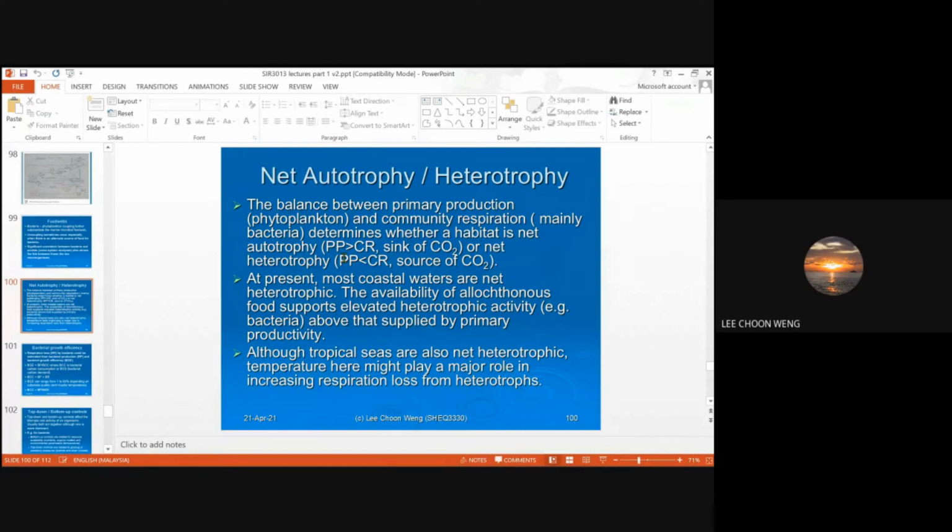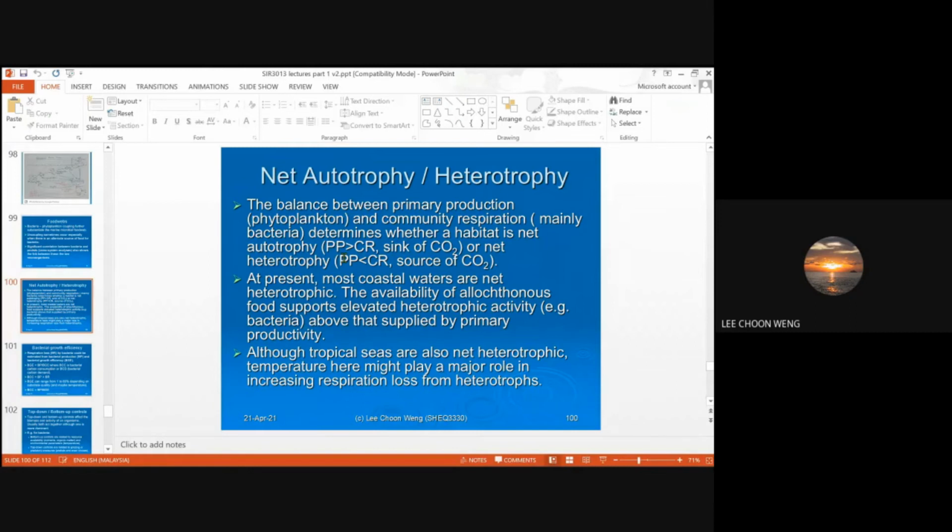So again, you must remember the source of organic matter. If it's only limited to primary production, then it's impossible. Community respiration will always be smaller than primary production. But the problem is humans have contributed a lot of organic matter, a lot of pollutants to the seas.